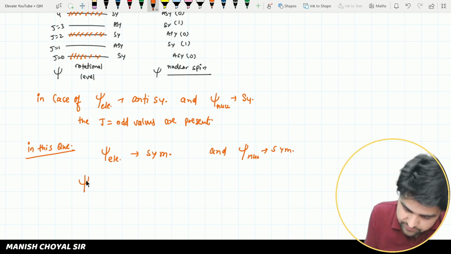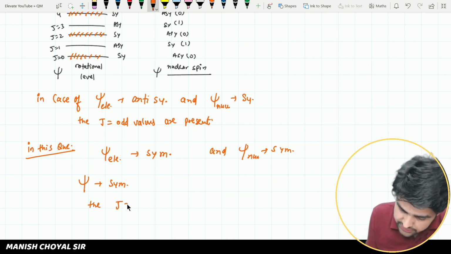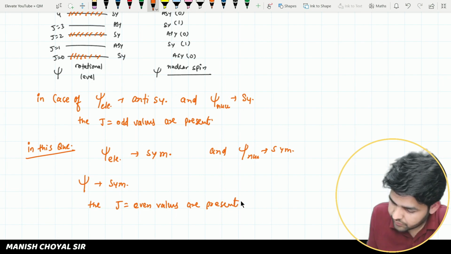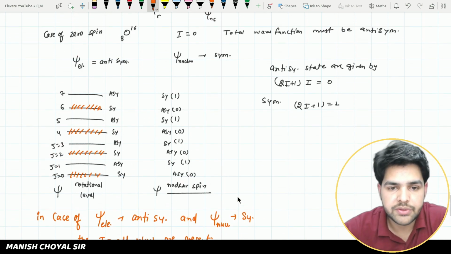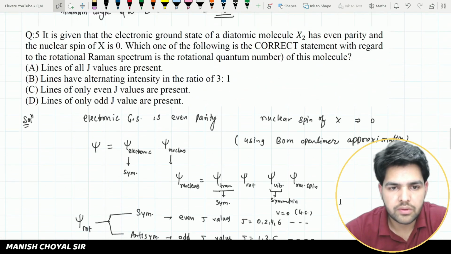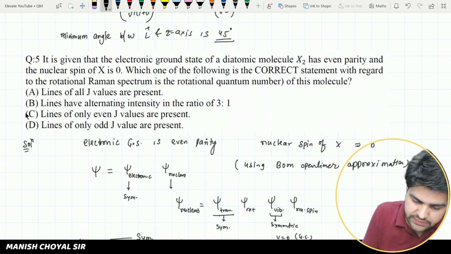So the complete wave function is symmetric. In that case, the even values of J are present. So option C is correct.